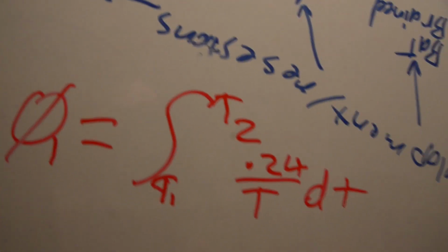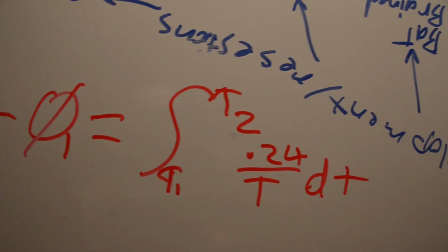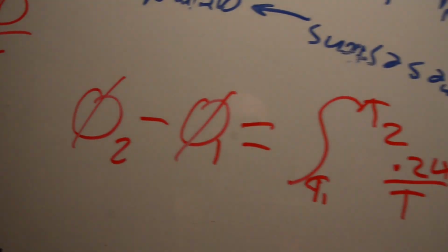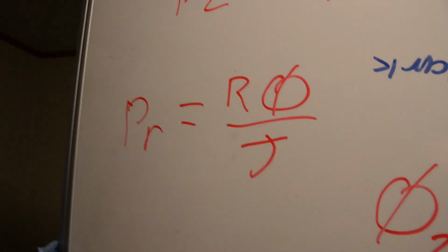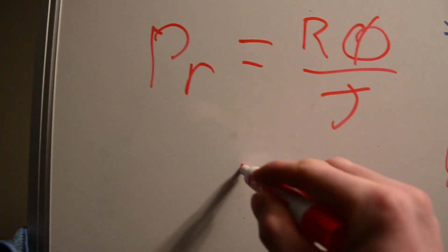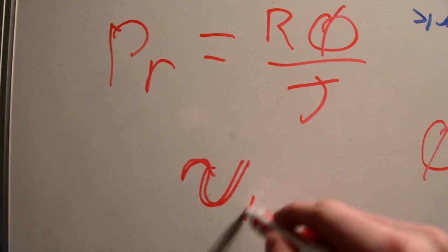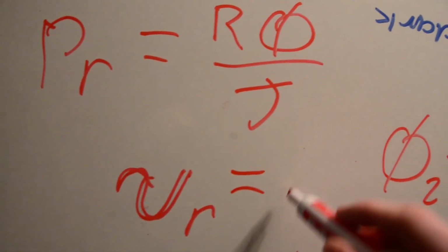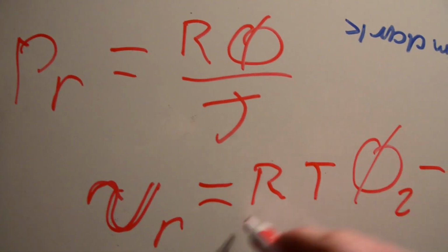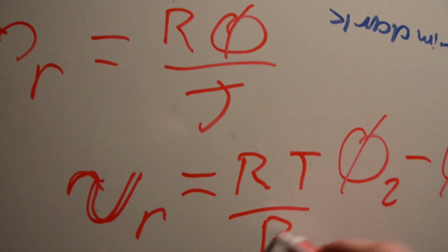Now my math didn't actually work out because I have no idea how any of this works, and this supposedly can put that out, and then once we have this, we can figure the relative volume, because it is equivalent to RT divided by PR.